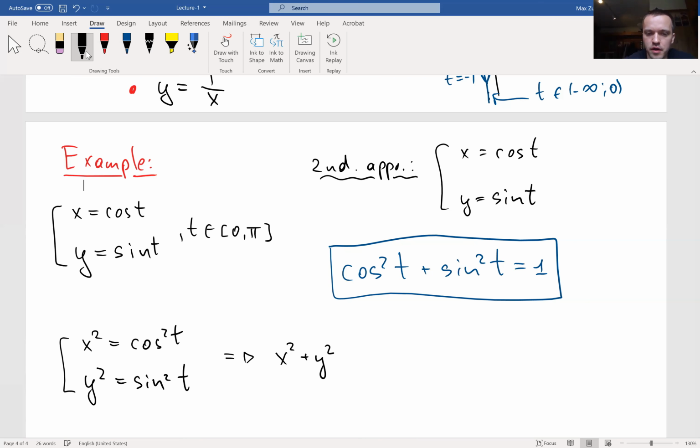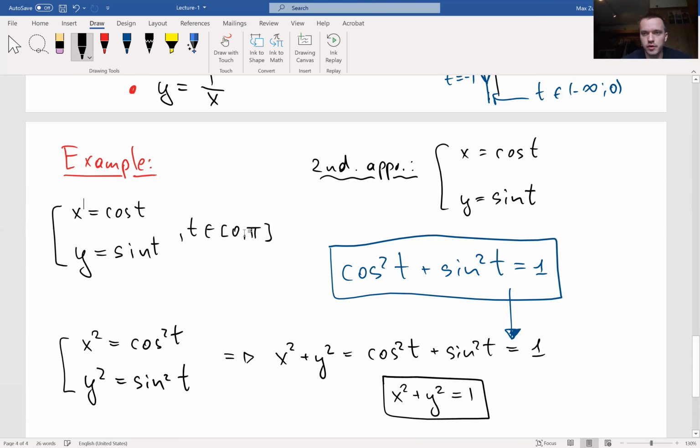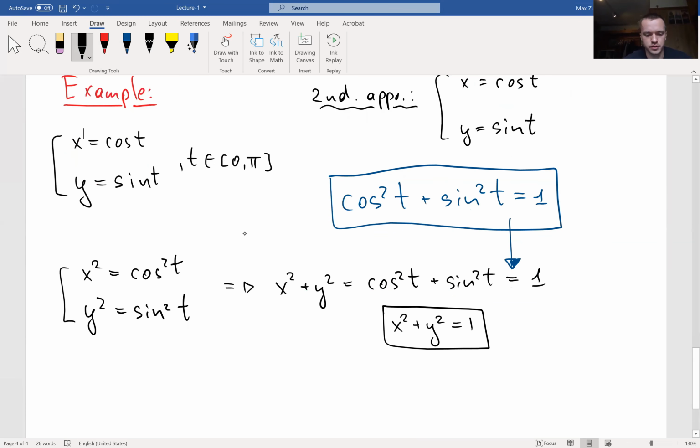I'm going to have x squared plus y squared is equal to cosine squared t plus sine squared t, and they're equal to 1 since we use this trig identity. So in other words, my Cartesian equation of that parametric equation is going to be x squared plus y squared is equal to 1. Can anyone tell me what is the graph of this Cartesian equation?